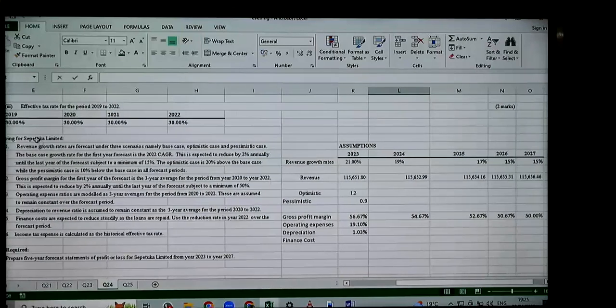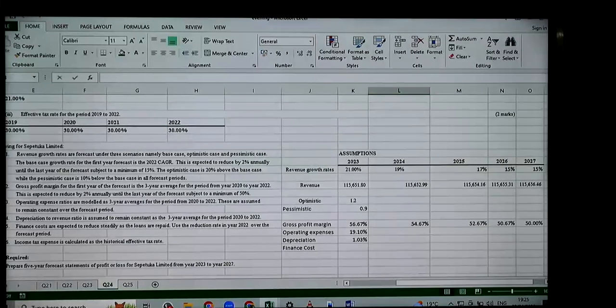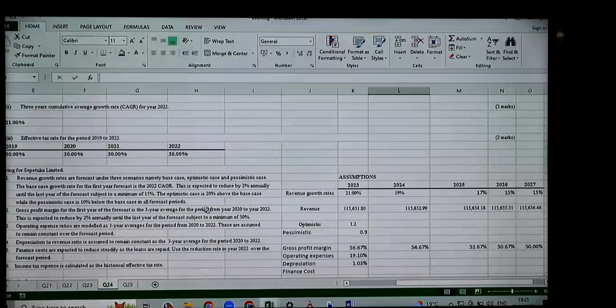The first part says revenue growth rates are forecasted under 3 scenarios, namely the best case, optimistic case, and the pessimistic case. The best case growth rate for the first year is the CAGR of 2022, which is 21%. This 21% we had calculated here, the 3-year cumulative average growth rate.